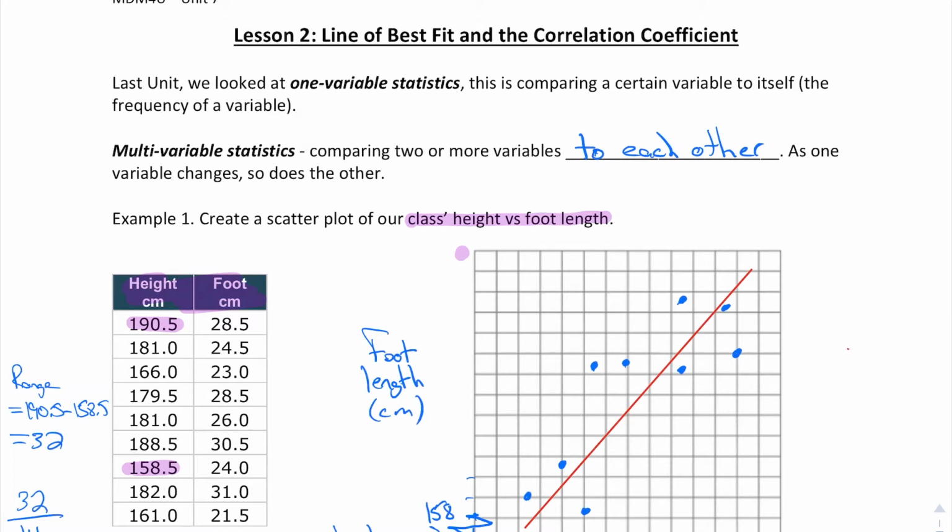I'm going to make each tick worth 3, so that every 2 ticks I'm going up by 6. So this would be 164, and 170, 176, and so on. Again, this just ensures that we get all of our data in the graph.